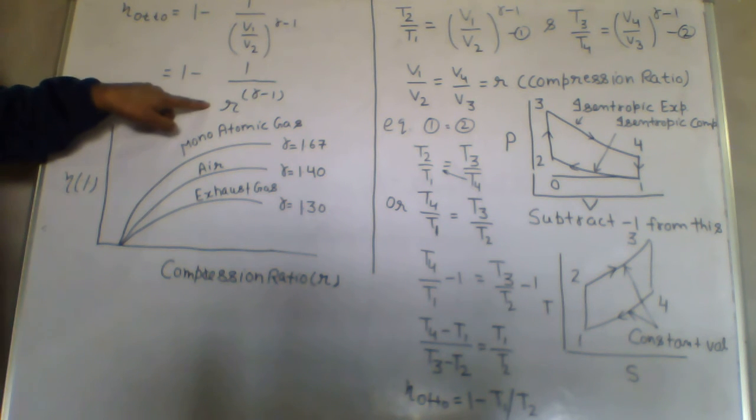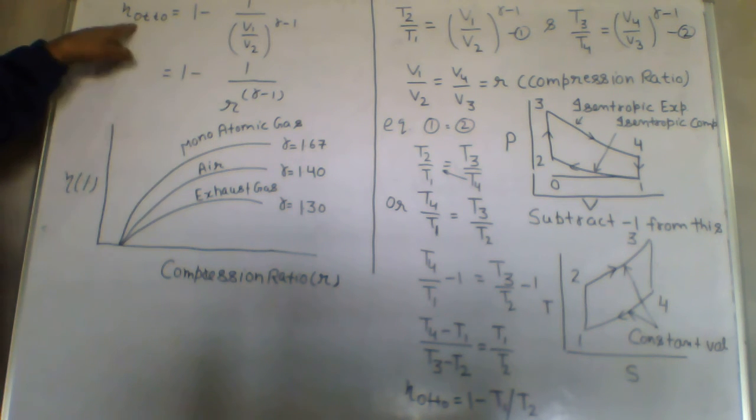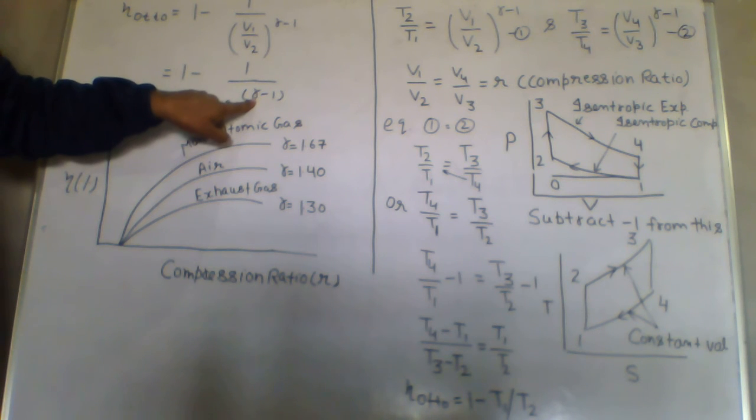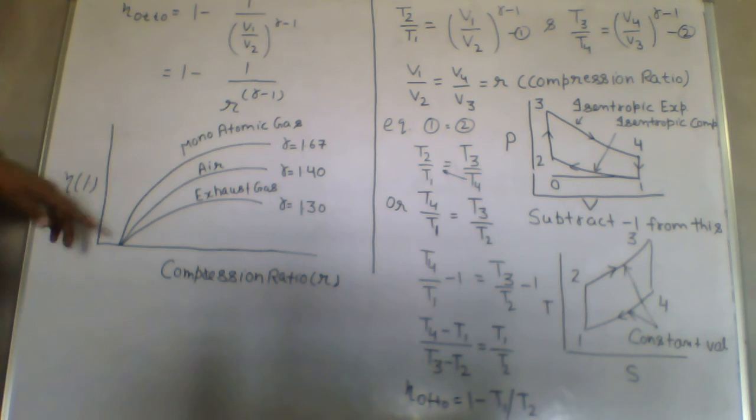So it is clearly visible that the efficiency is a function of compression ratio and gamma, and gamma is the ratio of Cp by Cv. Note that the thermal efficiency of the Otto cycle is a function of compression ratio R and the ratio of specific heats gamma.